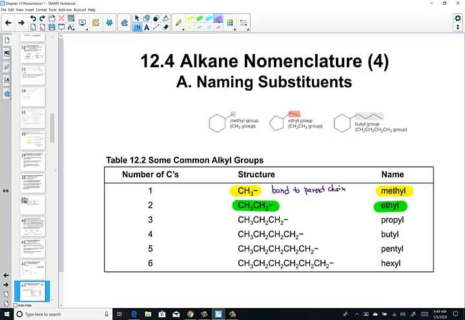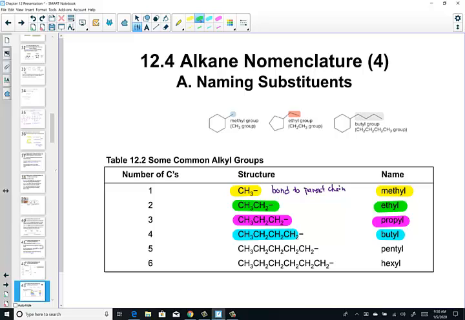If there are three carbons in the branch, CH3, CH2, CH2, then a dash, that dash will represent the bond that goes to the parent chain, you'll hear it called propyl, and keep going. Four carbons in the chain followed by a dash, butyl.